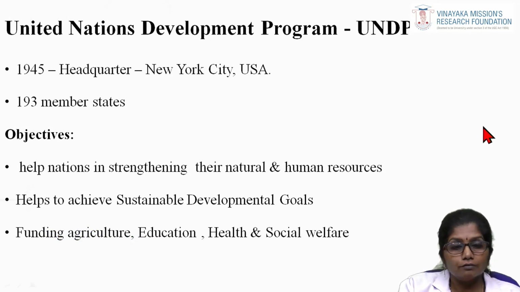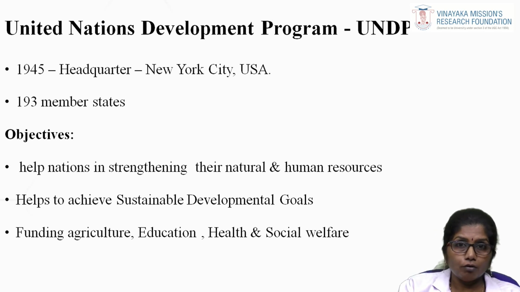Finally, we will move on to the organization United Nations Development Program. Otherwise, in short, we will mention that as UNDP. It was started in the year 1945, and has its headquarters in New York City, USA. The United Nations Development Programme serves as a main source of funds for technical assistance to both developed and developing countries.